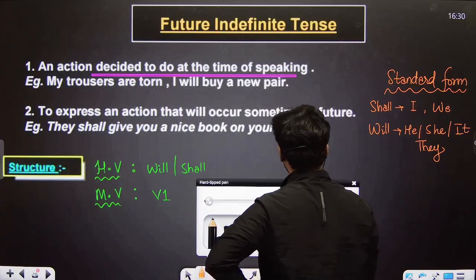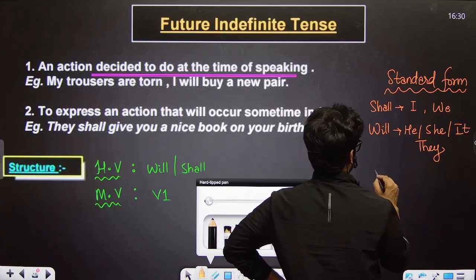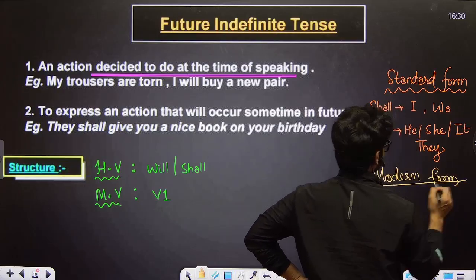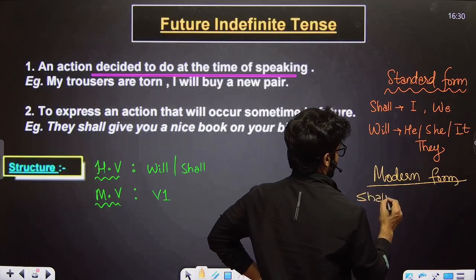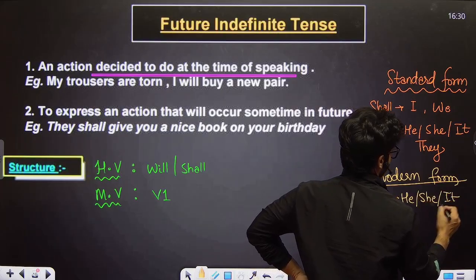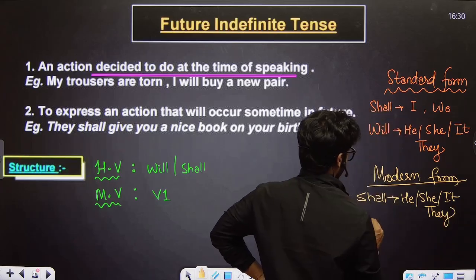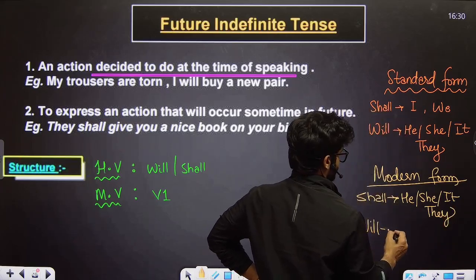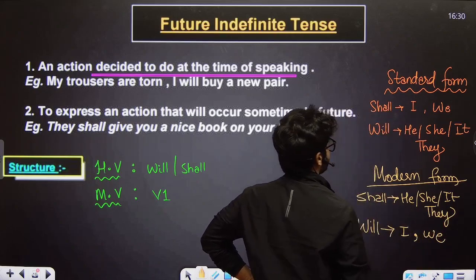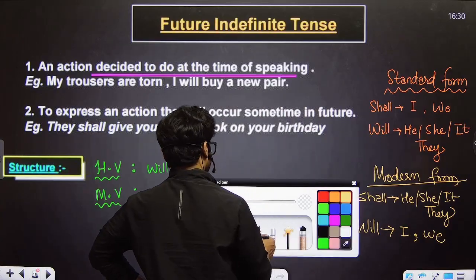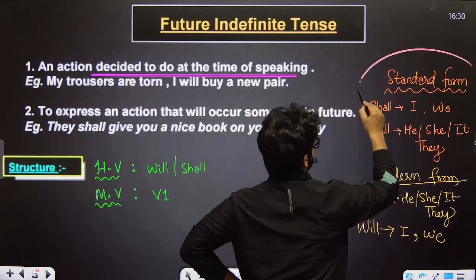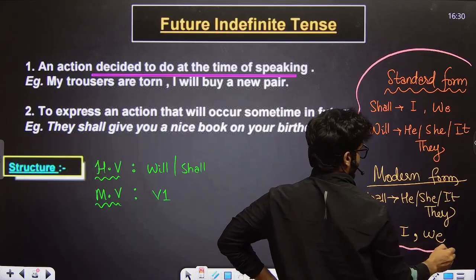Now in the modern form, shall is used with he, she, it, they, and will is used with I, we. So if we come to a conclusion, what we can conclude is that you can use will or shall anywhere.